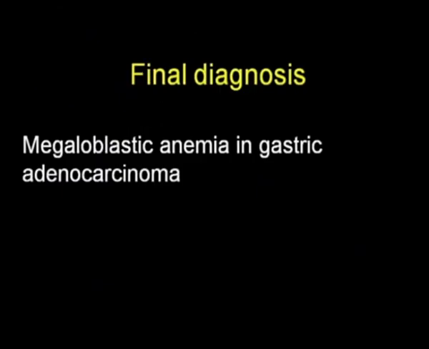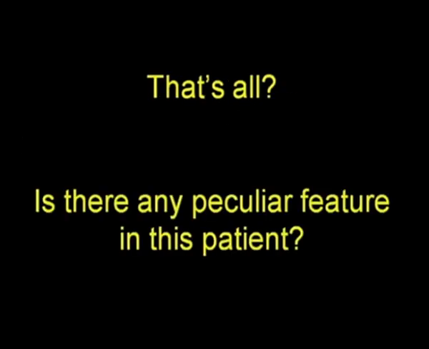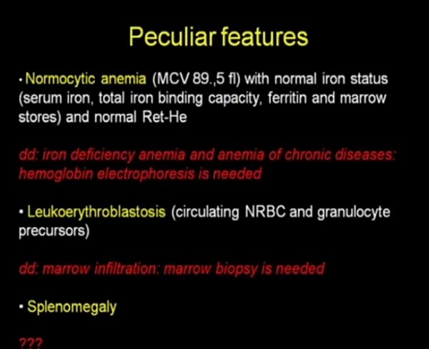At this point, we have all the things. Now we had bone marrow compatible, biochemical tests compatible, biopsy with the final diagnosis: megaloblastic anemia in gastric adenocarcinoma. But this is not a satisfactory diagnosis, because not all the aspects of this patient fit with the diagnosis. There is the MCV, which was normocytic anemia, with normal iron status and normal Ret-He.